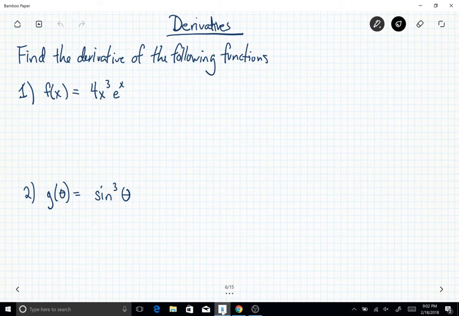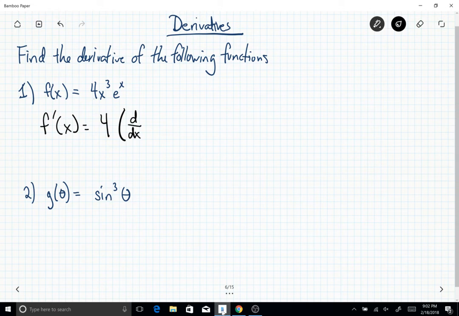We have 4x cubed times e to the x. So in this case, we're going to need to use the product rule. When we take the derivative, we can pull the 4 out front, and then we need to use that product rule. So it goes derivative of the first function times the second function plus the first function times the derivative of the second function.